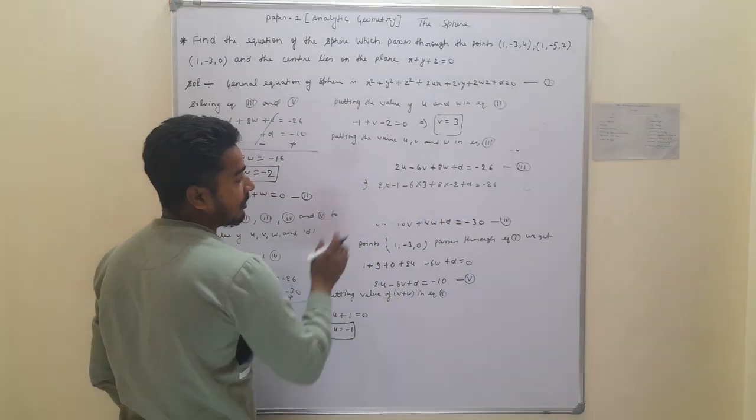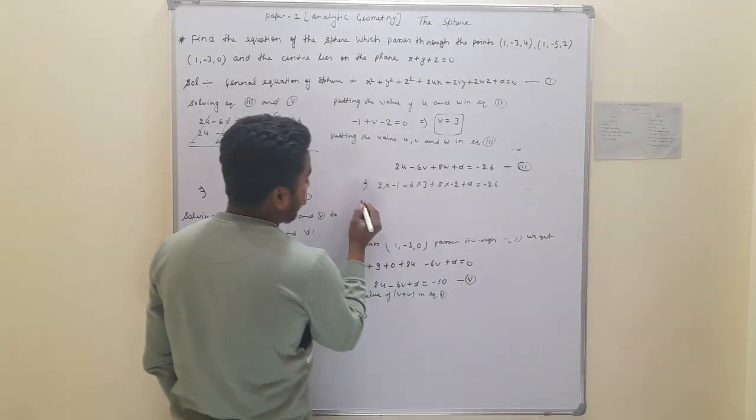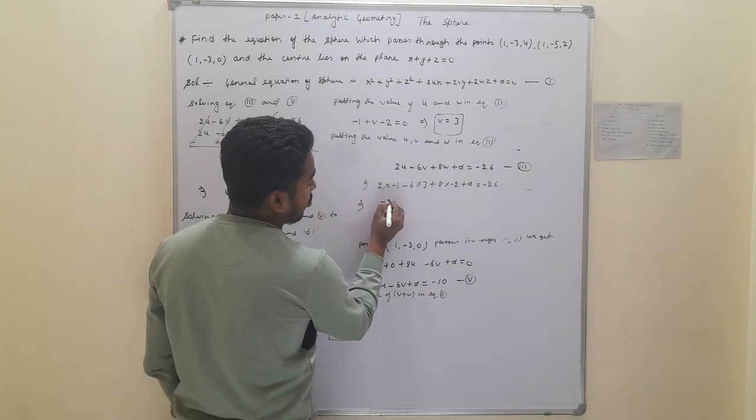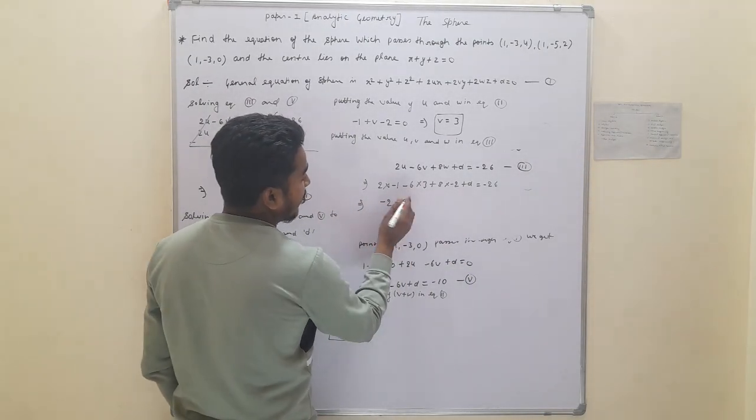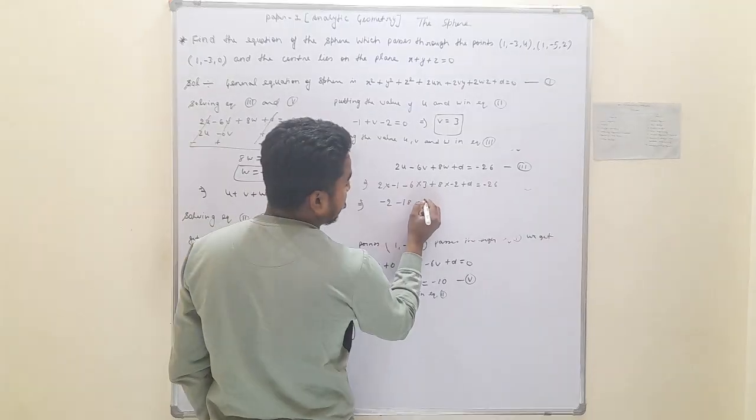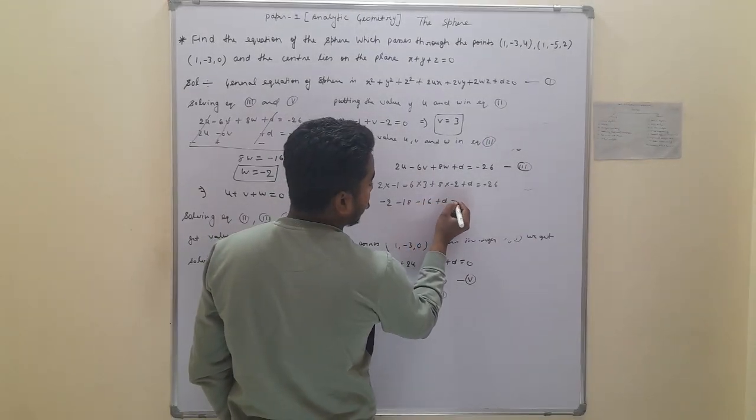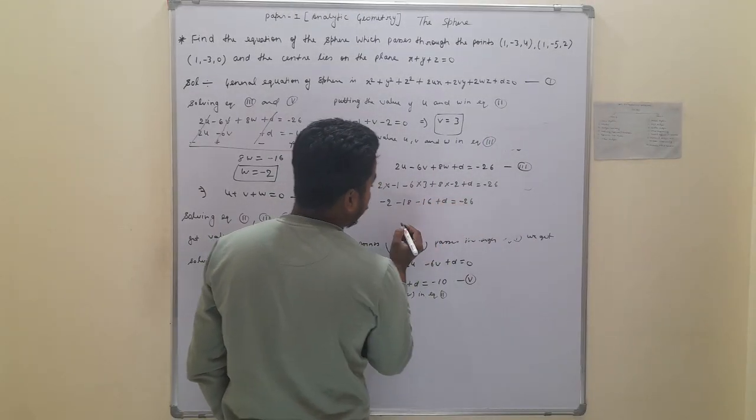From here we have to calculate the value of d. Solving here, minus 2, minus 18 and minus 16 plus d is equal to minus 26.